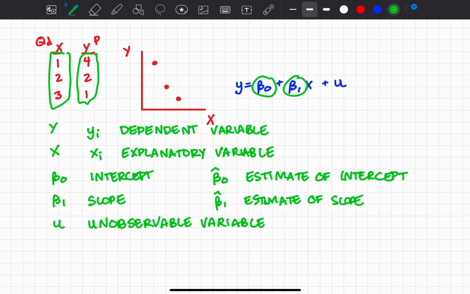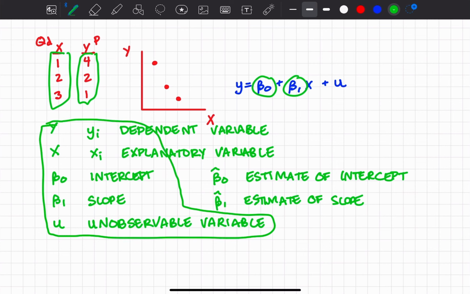So y, x, beta naught, beta 1, u, these all determine what we call the true model here. And then we also have our estimated model. Our estimated model is: yi is beta naught hat plus beta 1 hat xi plus, and instead of a u, I'm going to say ei here.